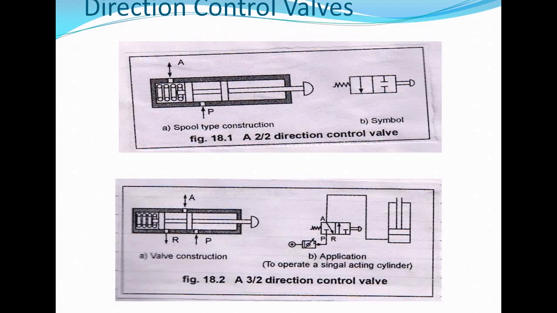So here you can see in the first figure a 2x2 direction control valve. Here 2 means there will be 2 ports. In the figure you can see the P port and A port, and the other 2 means 2 positions. So 2x2 means a 2 port, 2 position DC valve.